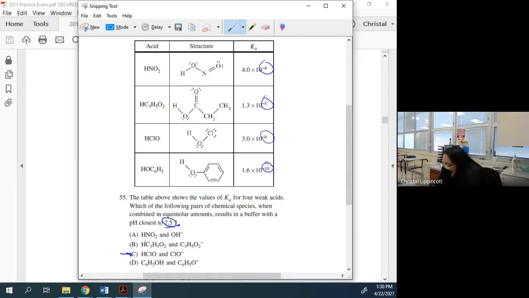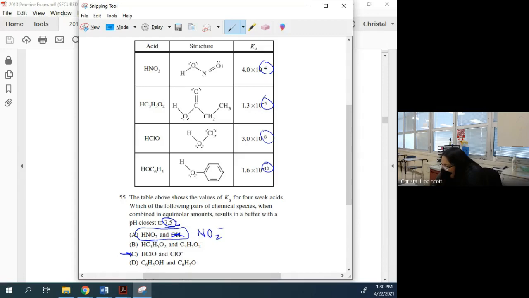The other thing that you need to recognize is that a buffer has to be its conjugate acid and base. So this is not a conjugate. That would be H, and the other side of this wouldn't be OH, it would be NO2 minus. Here, this one's fine. This is obviously the answer.